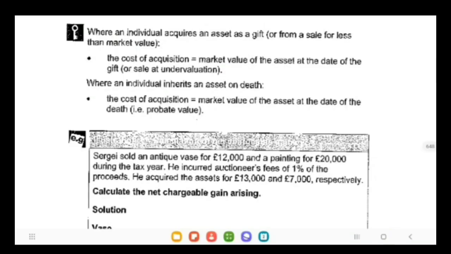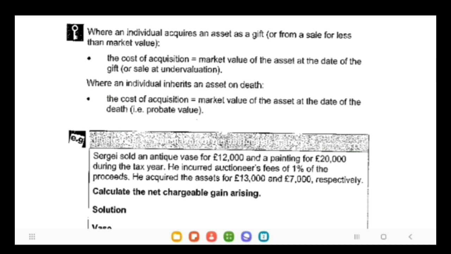So in this illustration, you can consider these things. Sergi sold an antique vase for 12,000 and a painting for 20,000. During the tax year, he incurred an auctioneer's fee of 1% of the proceeds. He acquired the assets for 13,000 and 7,000.